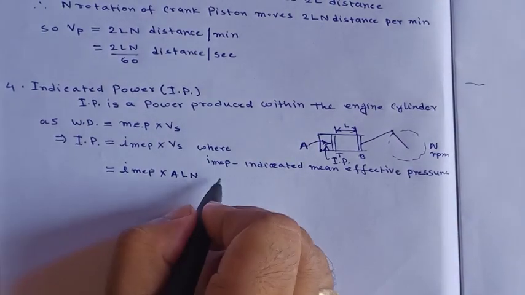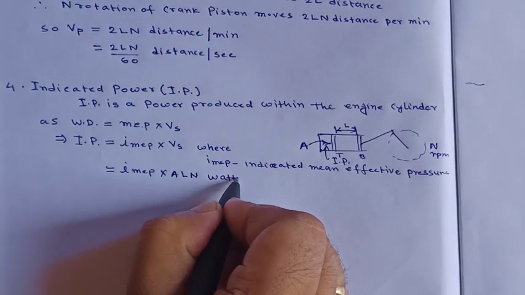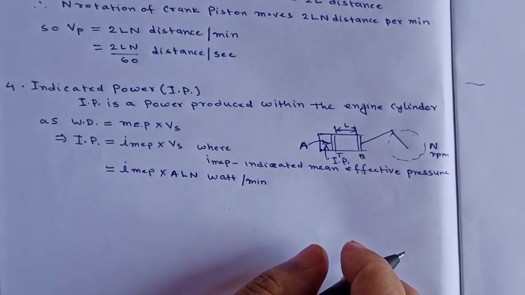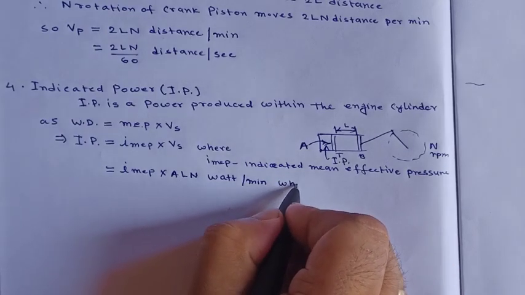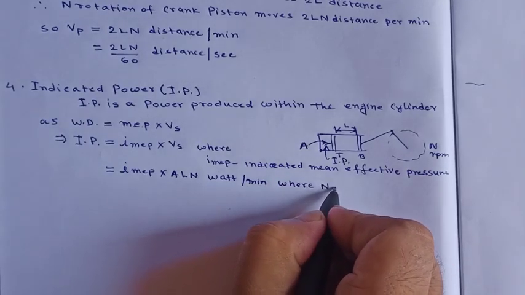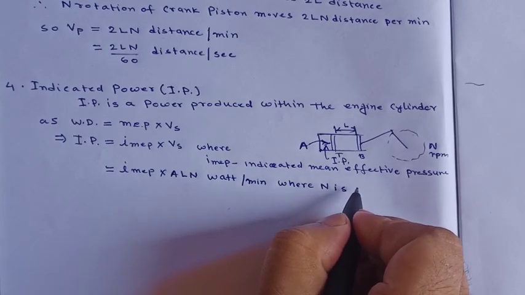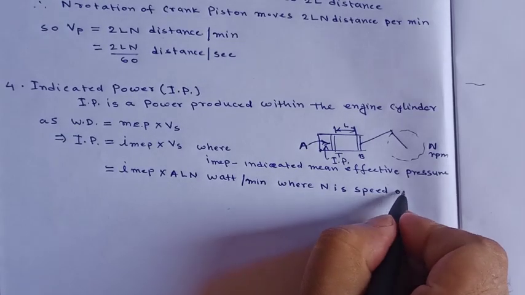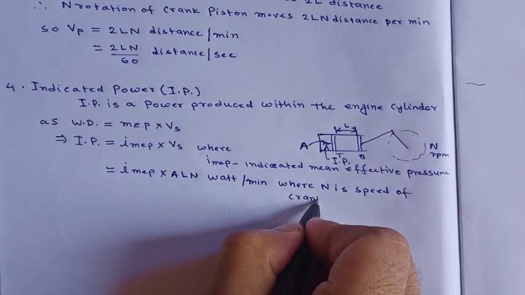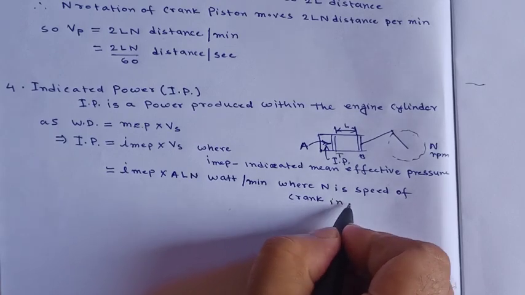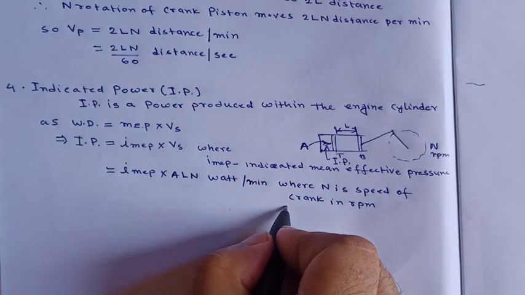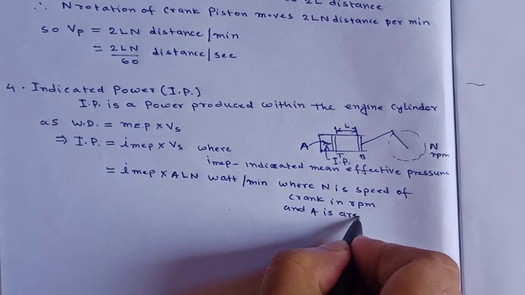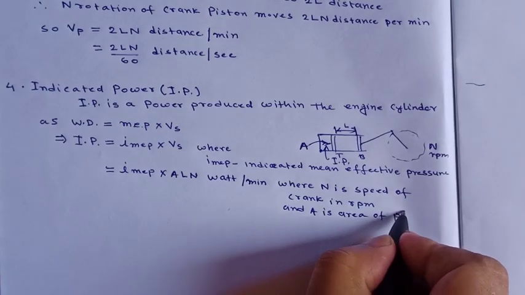So I can write this is the watt per minute, where N is the speed of crank in RPM, and A is the area of piston.